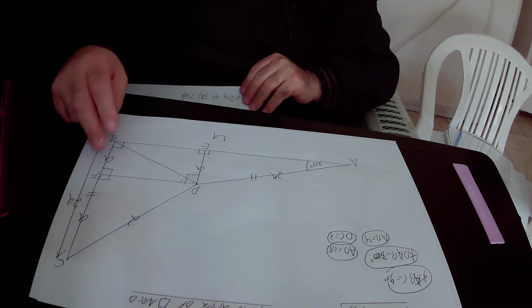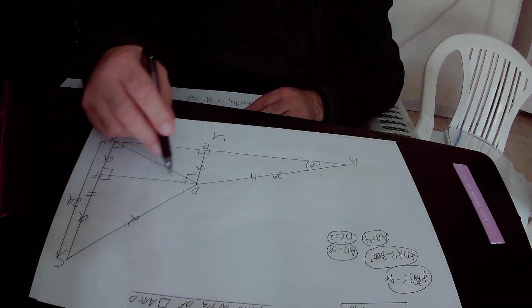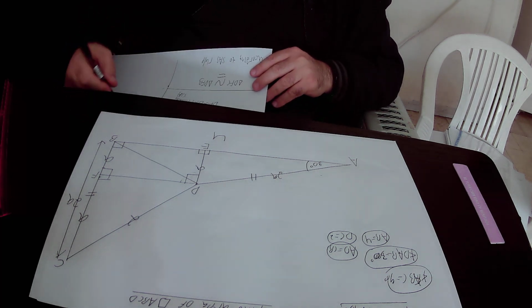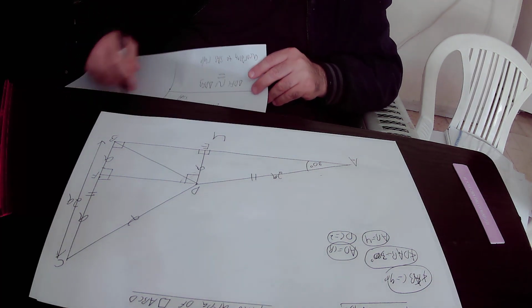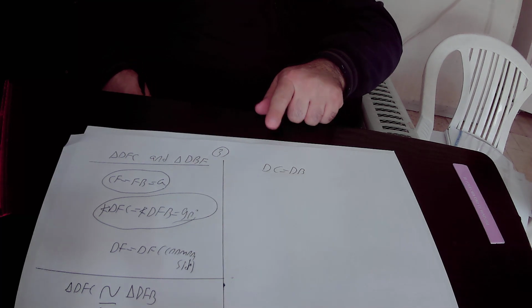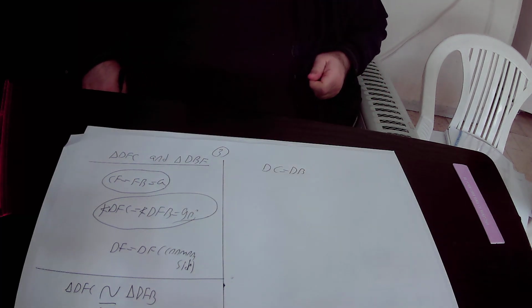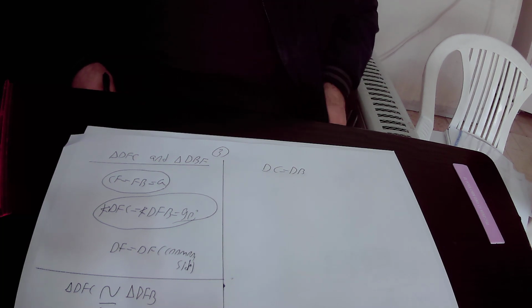And from the fact that those two triangles can go into each other, we conclude that DC equals DB, according to the rule that corresponding sides in congruent triangles are equal to each other.